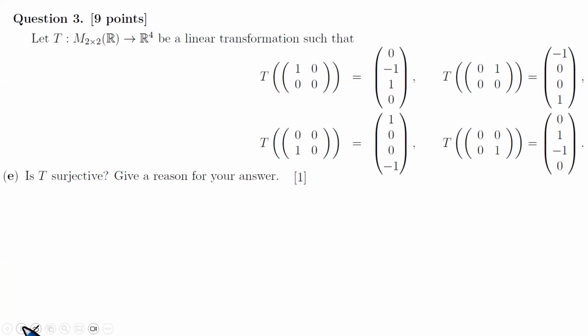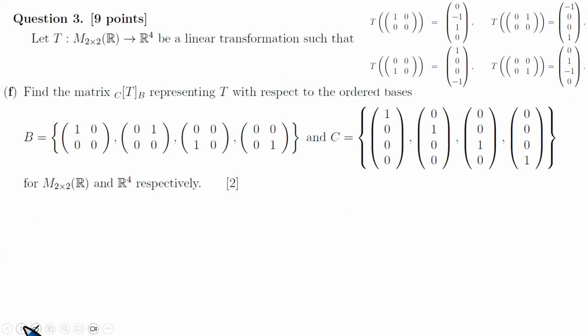Right, so we look at question F. All right, so F is this one, and we still have the same sort of restrictions about how the linear transformation is defined, the images are defined like that. So we need to find a matrix with the subscripts C and B representing T with respect to the ordered basis.